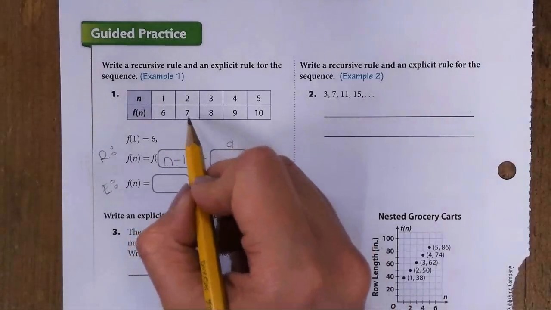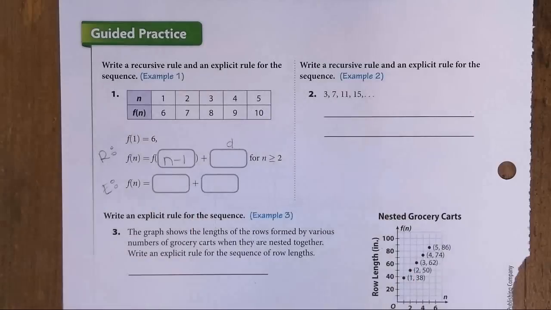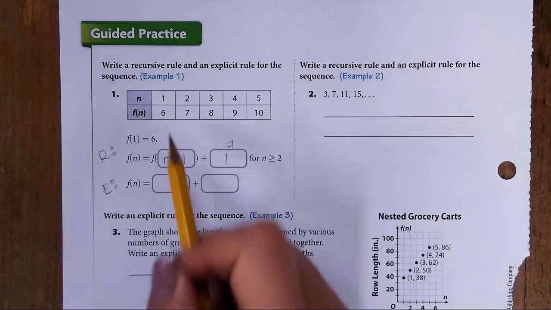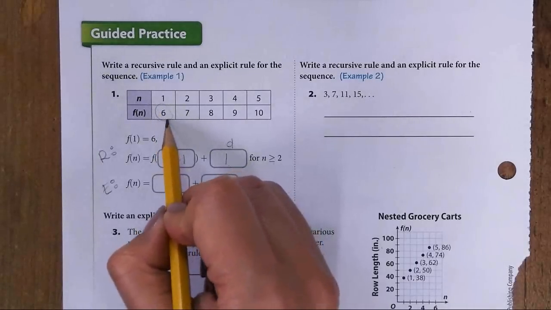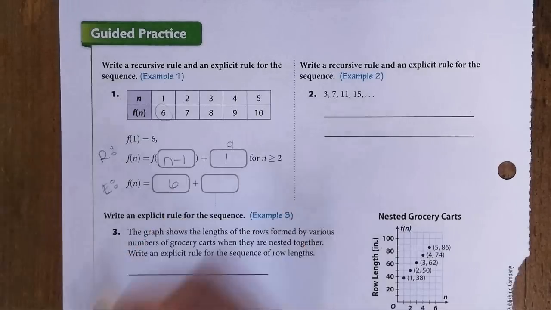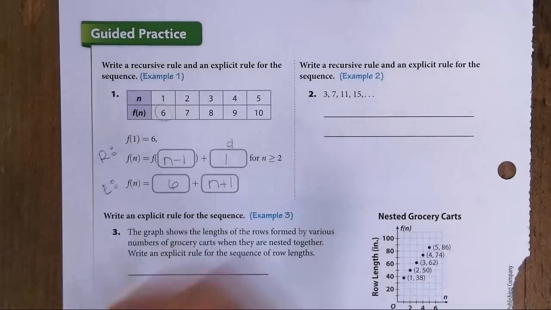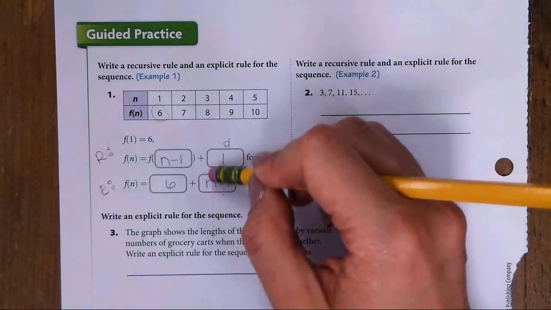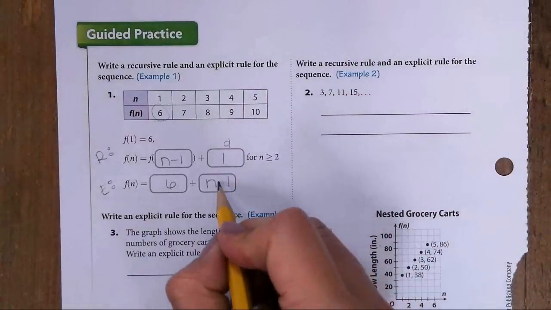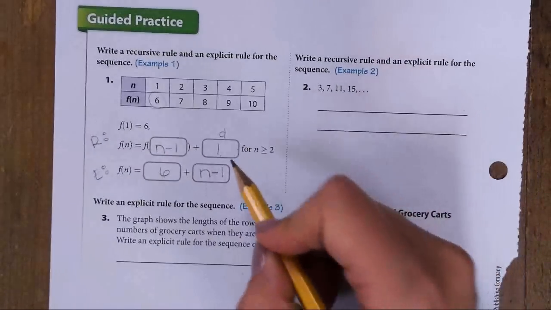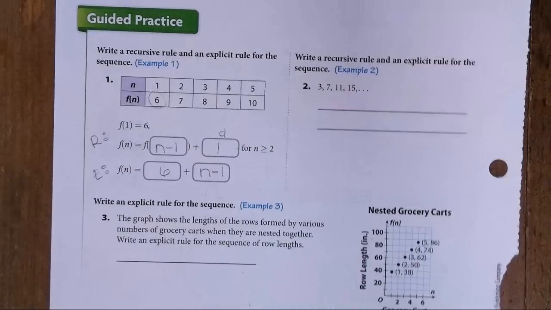So how is this changing? This is increasing by 1, so we're going to do 1 here because it's plus 1. Now over here, we know that our first term is 6, so I'm going to substitute a 6 here, and then I'm going to do n minus 1. Okay, and so that is our rule, our explicit and our recursive rule.